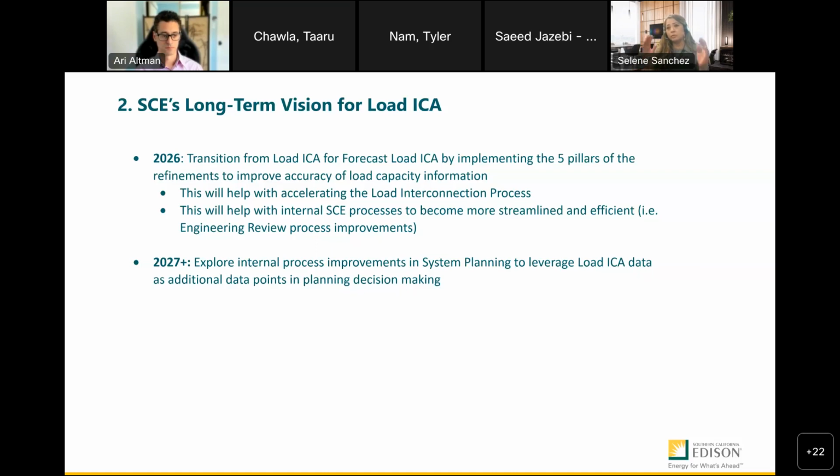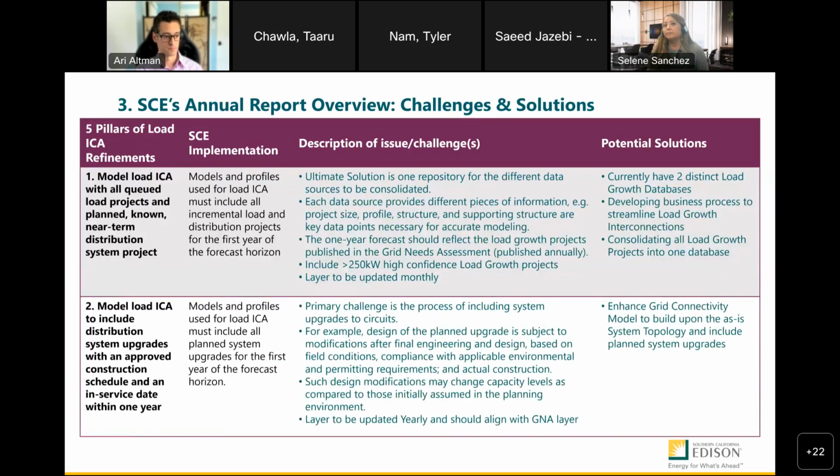First of all, we want to make sure that we're adhering to the mandates we're working on, and you'll see what we're working on in the next couple of slides. We are looking to the future of integrating this into our system planning process. You can go to the next slide.